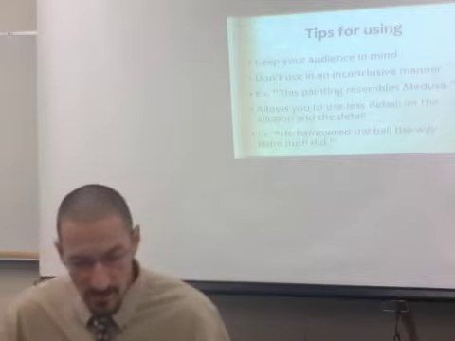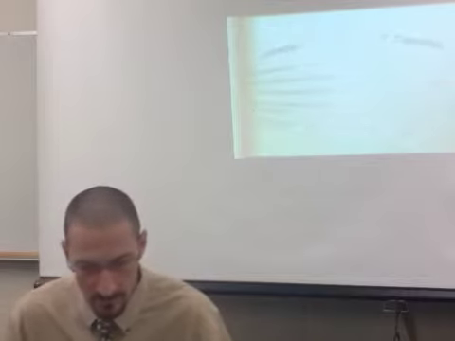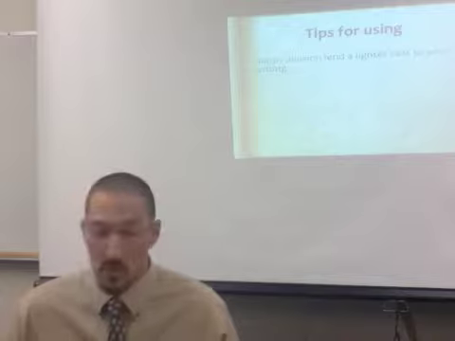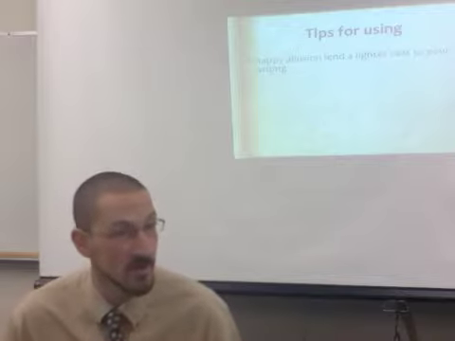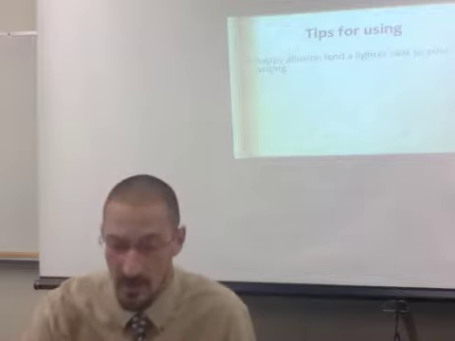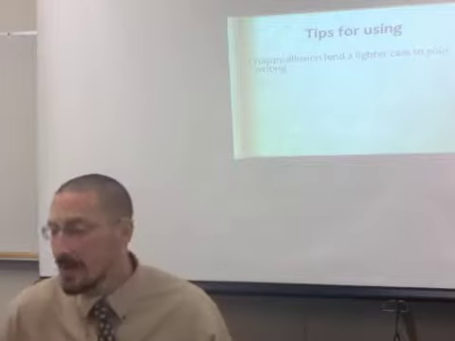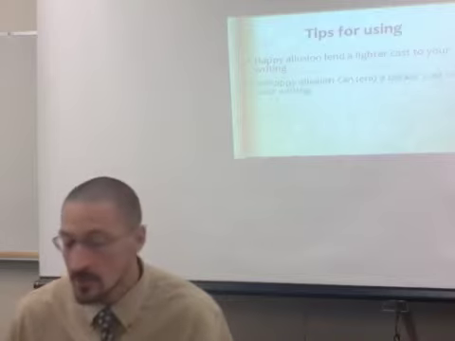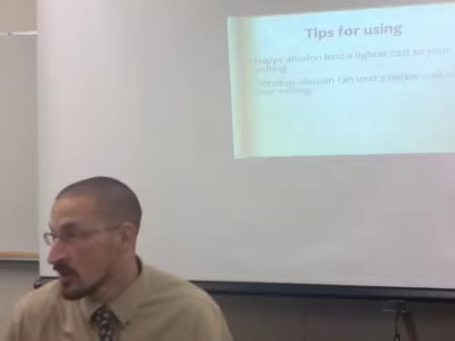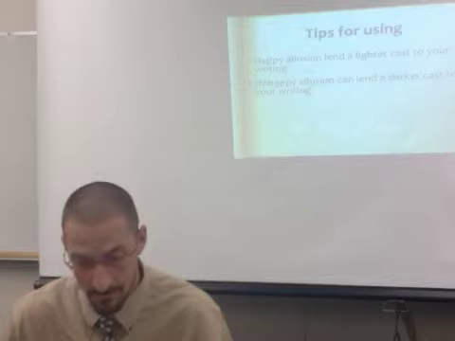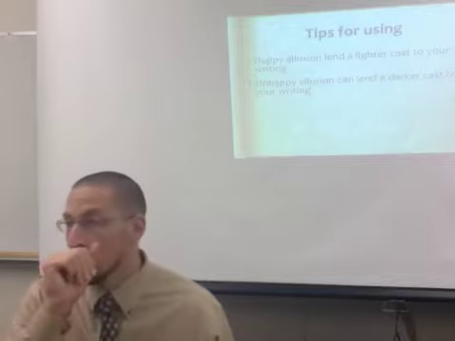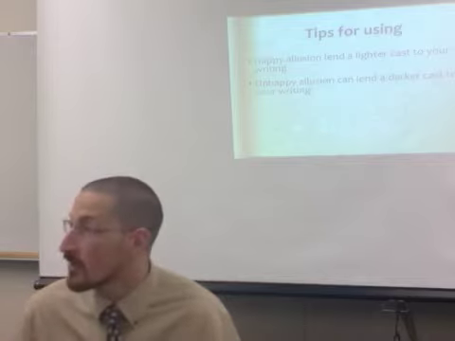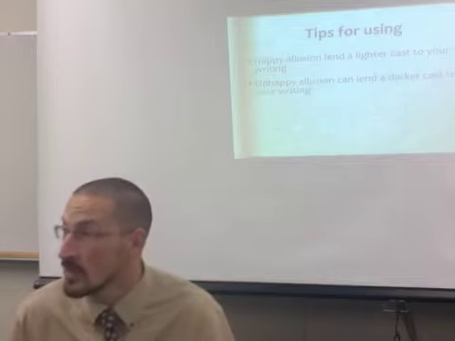All right, some more tips for using allusions. If you include a happy allusion, something that has joyous connotations to it, it will lend a lighter cast to your writing. If you use an unhappy allusion, you can lend a darker cast to your writing. For example, the title of that book that we had for summer reading, Bury My Heart at Wounded Knee.